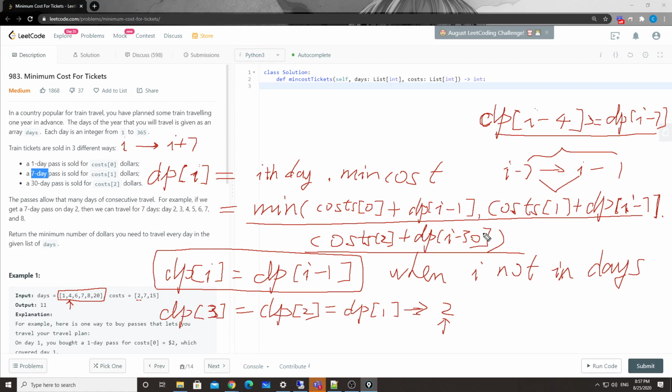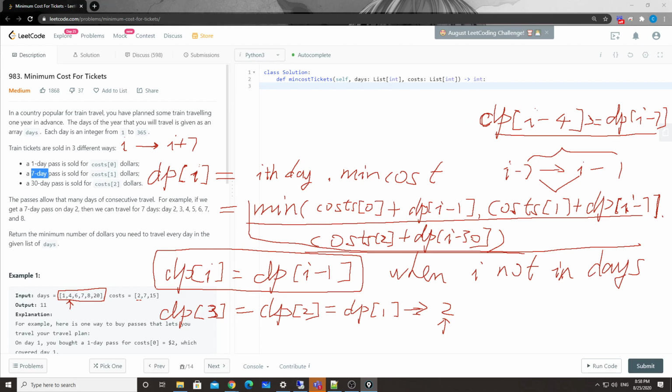So if you can come up with this one and this two formula, then you pretty much have done 90% of the thinking process of this problem. So now let's try to code these things up.